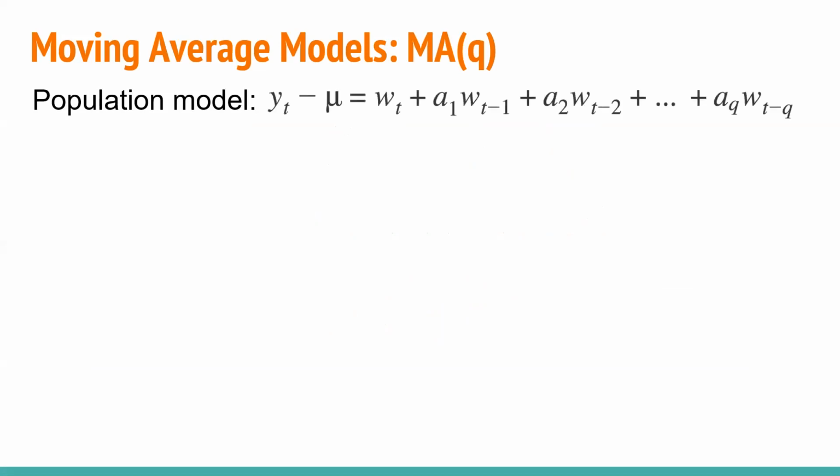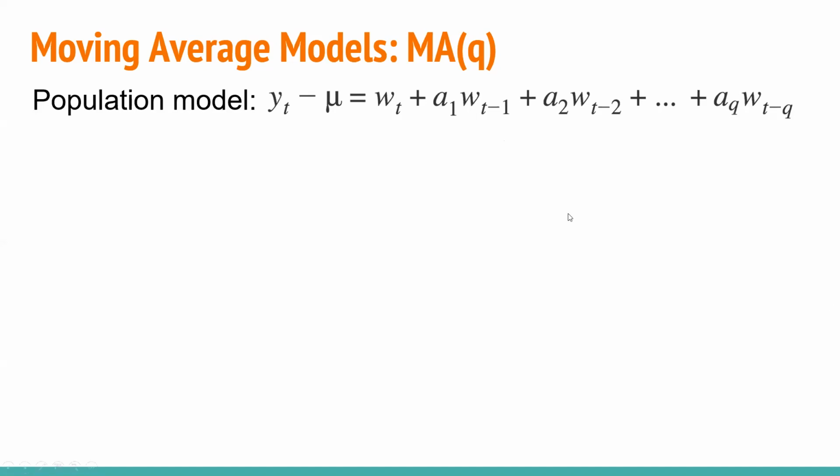When you take a look at what I have right here, this is different from what I showed you last week. This is different from the autoregressive model. In an autoregressive model, the current value of a time series is related to the past values.